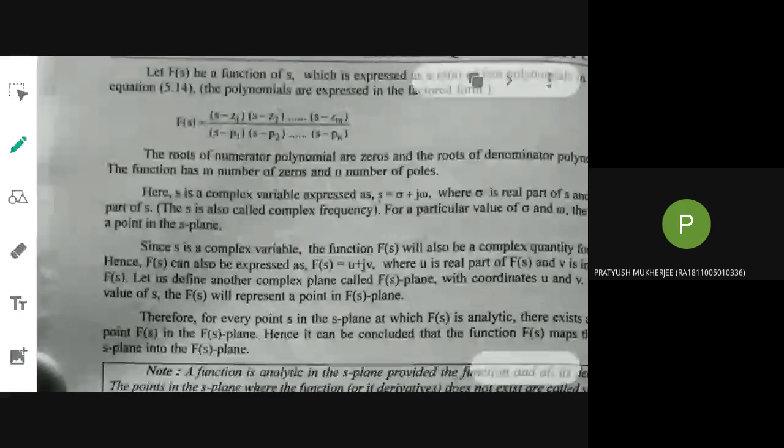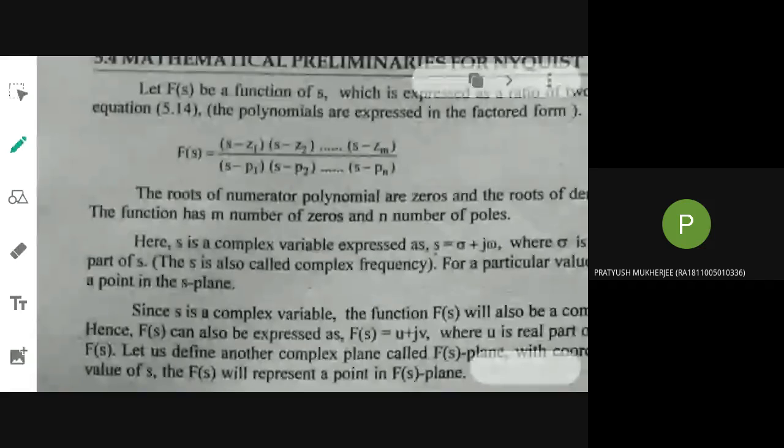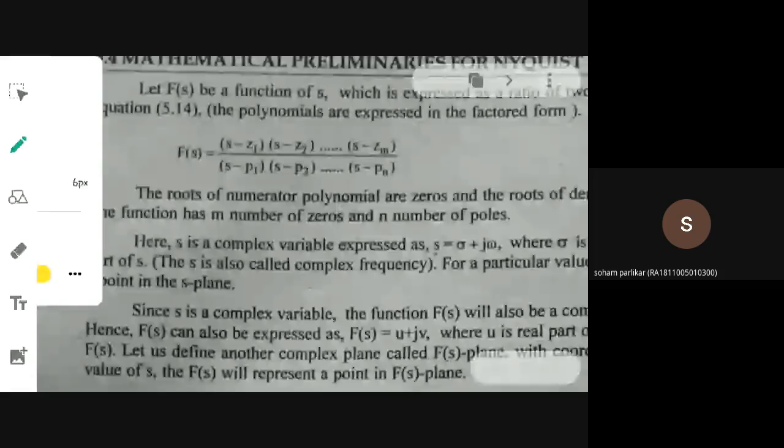So you know what is S plane? That is a complex plane or a real plane? And what are the coordinates? It is a complex plane.